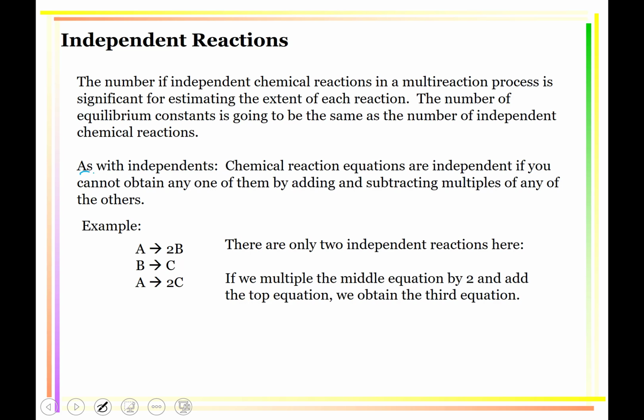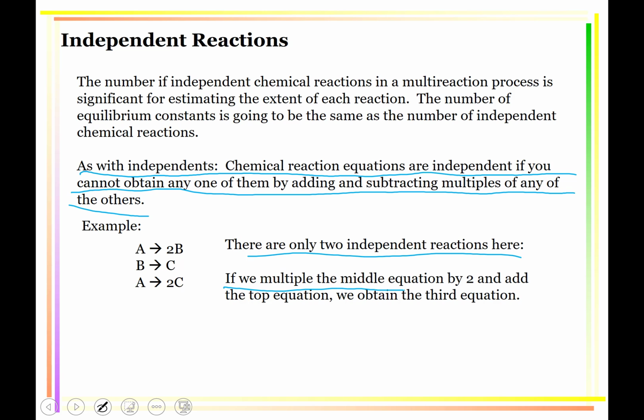Chemical reactions are independent if you cannot obtain any one of them by adding and subtracting multiples of any of the others. In fact, in this set here, there are only two independent reactions. If we multiply the middle equation by 2 and add the top equation, we obtain the third equation. So once again, we would not be able to determine A, B, and C.